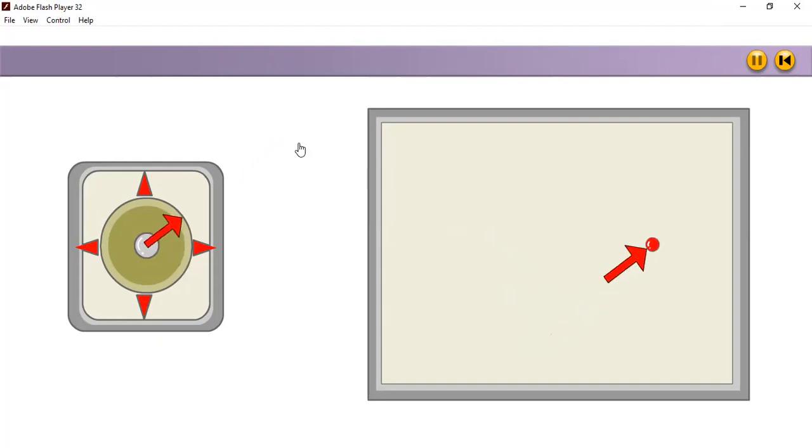By applying a force, it will move, change direction, and change its motion from stationary to moving. When I apply a force in the opposite direction, we can stop the object.